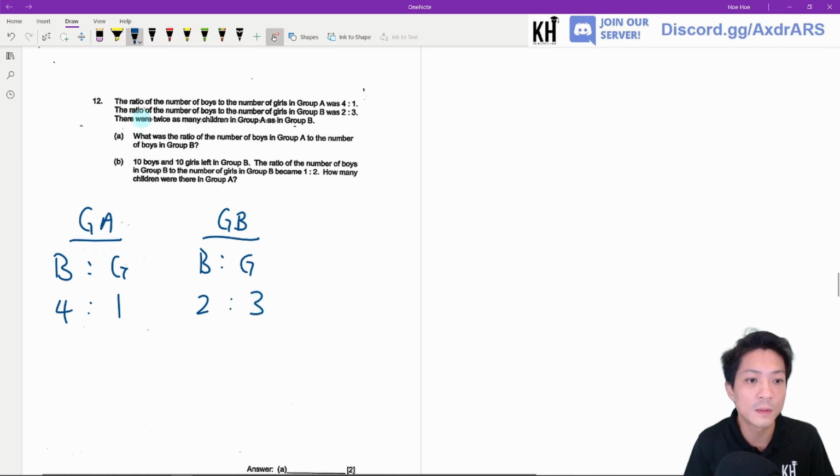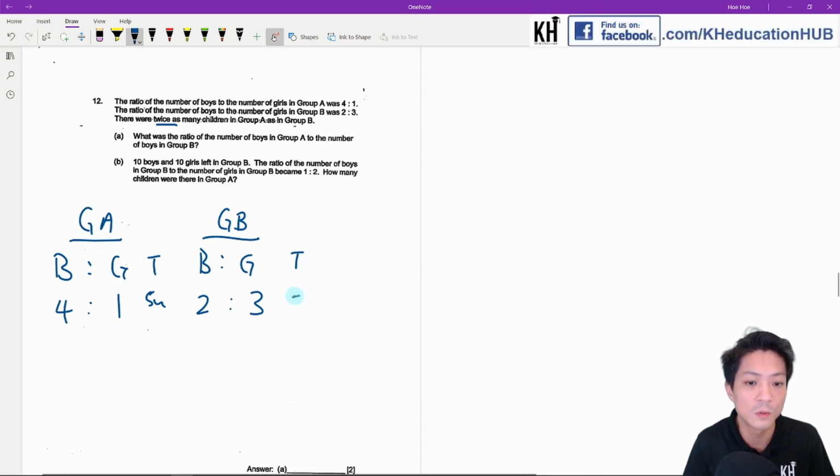Since there are twice as many children in group A as in group B, we're going to find out what is the total first. So for this case, the total units will be 5 units. Total is also equal to 5 units.